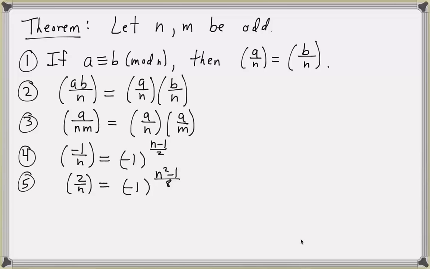And the final property, which is the law of quadratic reciprocity for Jacobi symbols.